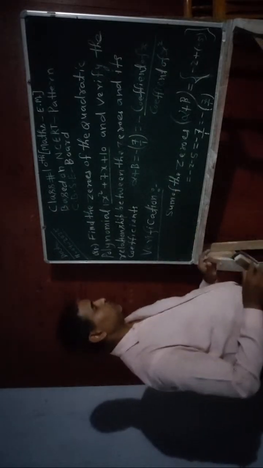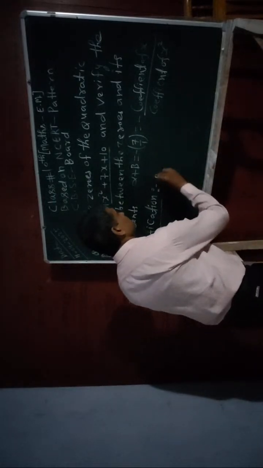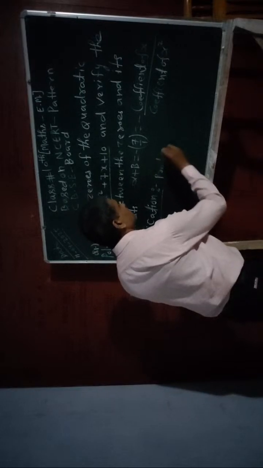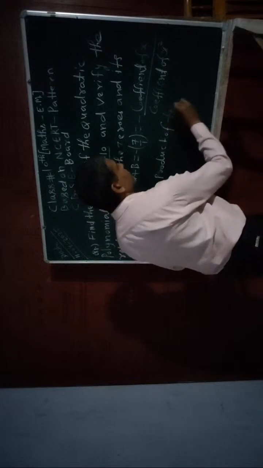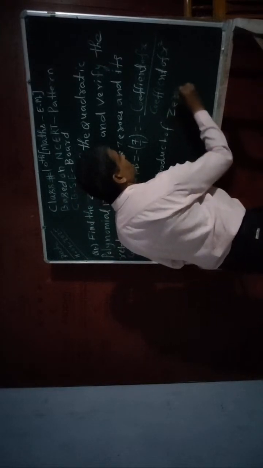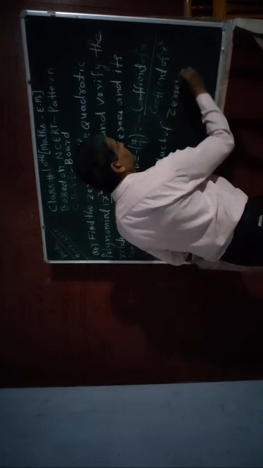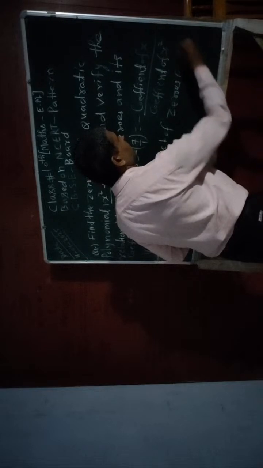Now I will take the product of two zeros. So I am going to erase this one, and here I will write product of two zeros. Product of zeros, in the bracket, I can write alpha into beta.